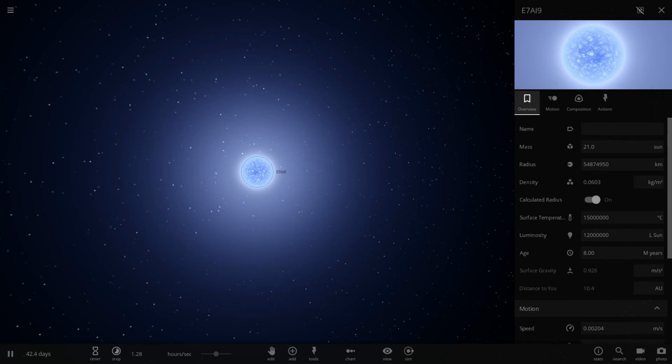We're gonna put a U-Class, like a U9V. These are like probably 150 million degrees.